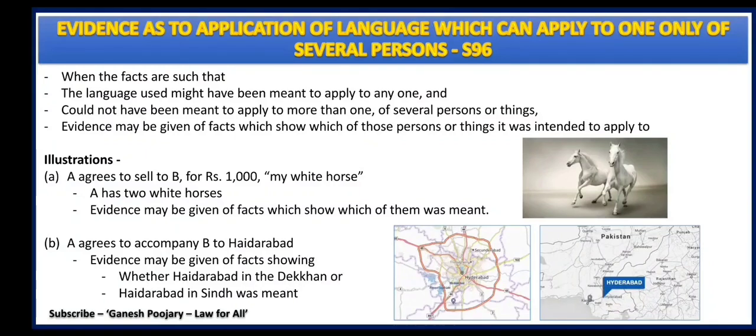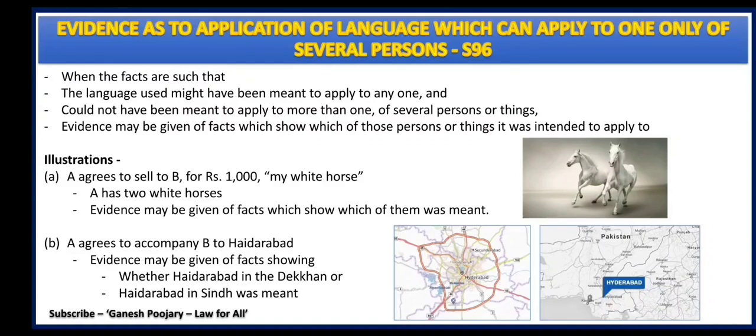Now here additional evidence may be given of facts which show which of them was meant. Which one of them did B actually want to buy? For that B can give additional evidence, or A can also give additional evidence saying that this was the horse which was supposed to be given.